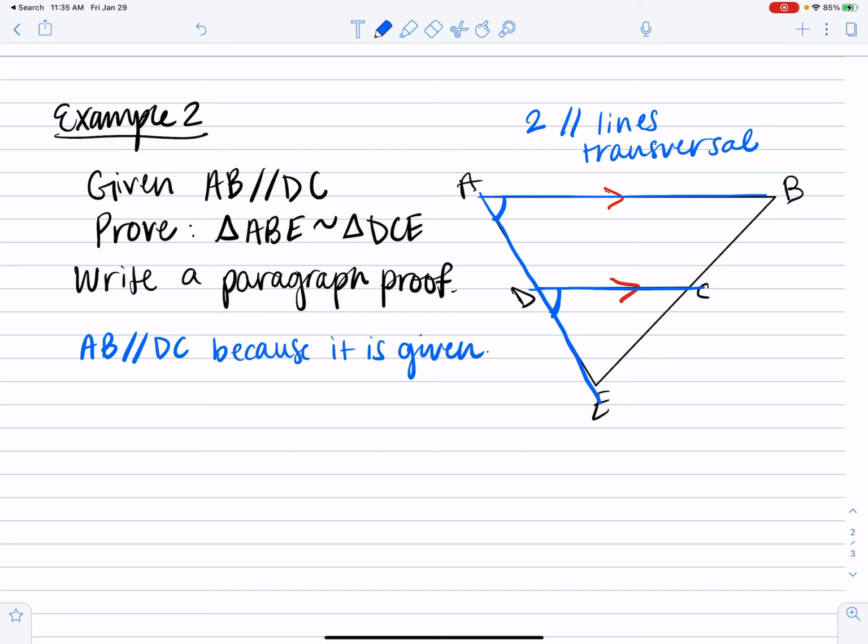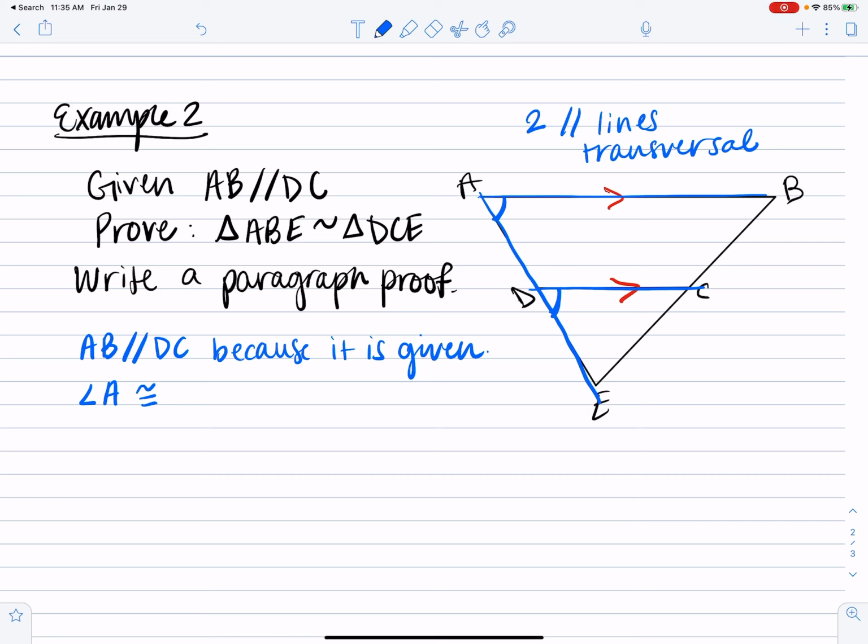So this next one is that angle A is congruent to angle, and you can't call this angle D because there's two angles. It could be this angle up here, which we're not talking about.